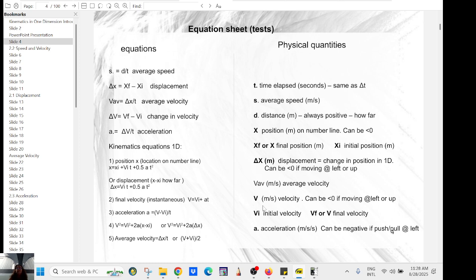We're going to define velocity. We're going to see velocity can be positive if you are moving to the right, negative if you are moving to the left. You can have some initial velocity to begin with when you start your stopwatch. And then we define the final velocity when you stop your stopwatch.